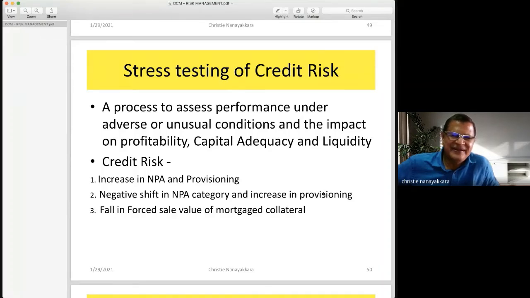In this test, we arrive at how much will go into NPA, how much profit we are going to lose, and how much provisioning we have to take out of our current profit, to arrive at the overall profit. When overall profits go down, it will also affect our capital adequacy, because the capital is going to get reduced. A negative shift in NPA category and an increase in provisioning is the result of this.